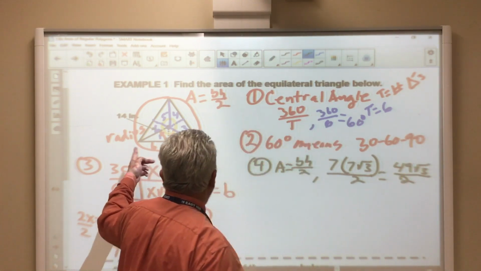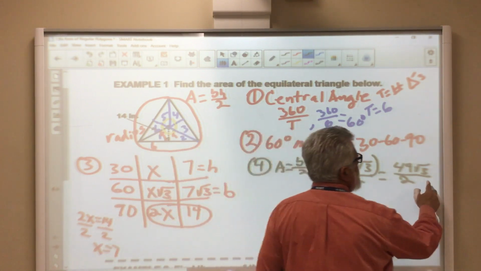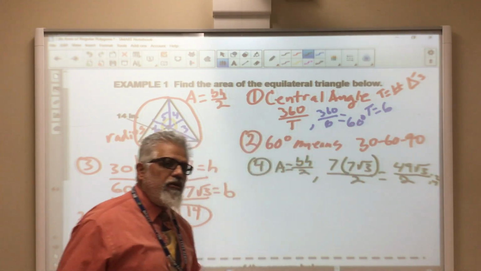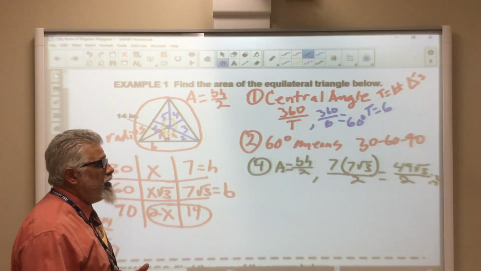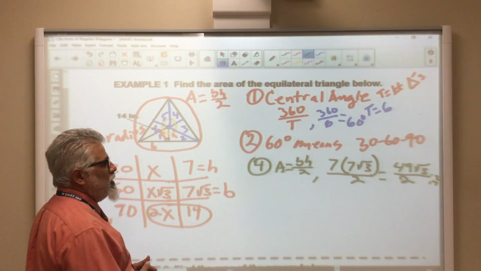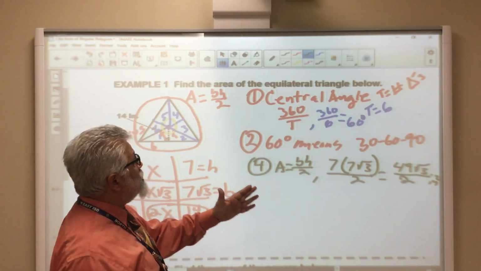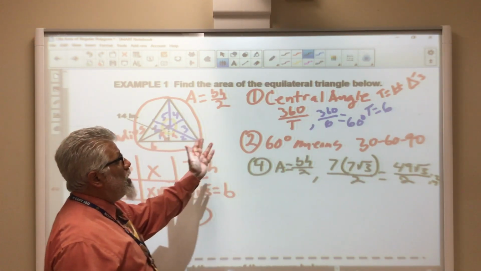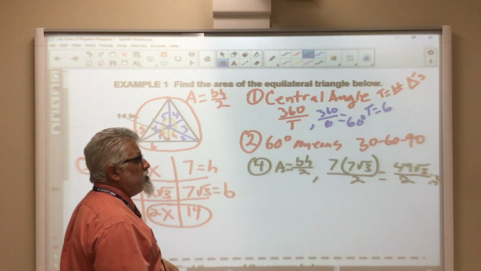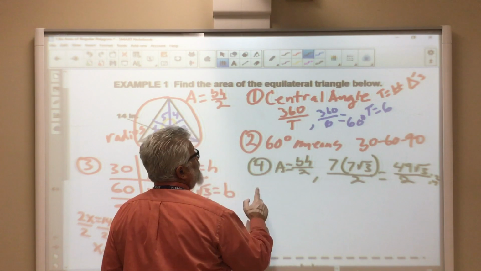And I will add my units, which is inches squared. Whenever you do area, it's going to be a square of those units. If you don't have a unit, you'll put U in units. So once I find the area of the small triangle, I'm going to multiply it by the total number of triangles and get the entire area.